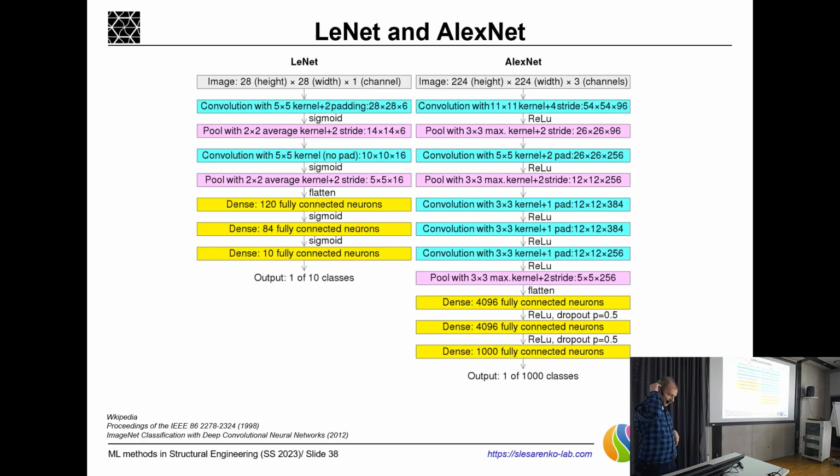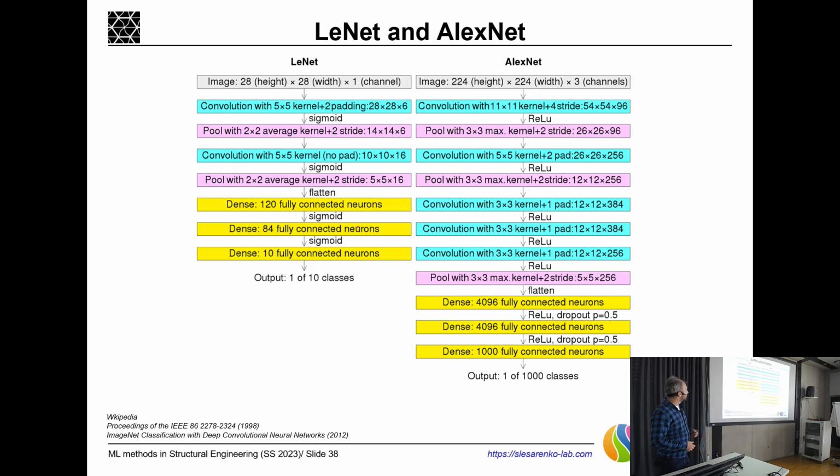So, just two examples of existing neural networks. One is called LeNet. It's one of the first examples that worked quite well. It's 1998. Originally it was proposed 10 years before that, but it got popular in 1998.